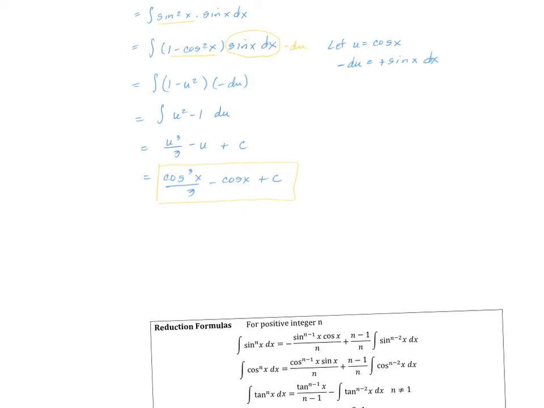So there is a nice formula in this section here, which we could have used for the last two examples, and this is our reduction formulas. They're kind of tedious because you may have to do it repeated times. It just depends on what the power is, okay?